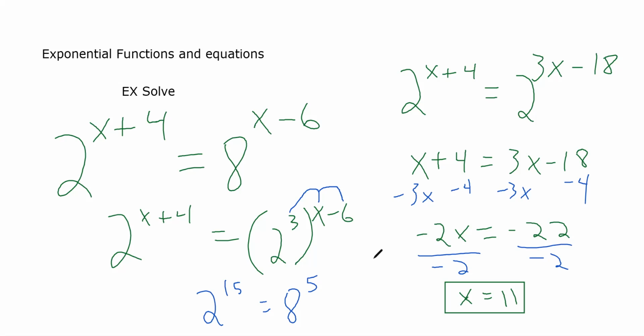On another line, type 8 to the 5th into the calculator. And in both instances, you should be getting 32,768. And thus, this solution is correct. We tried it out and it worked.